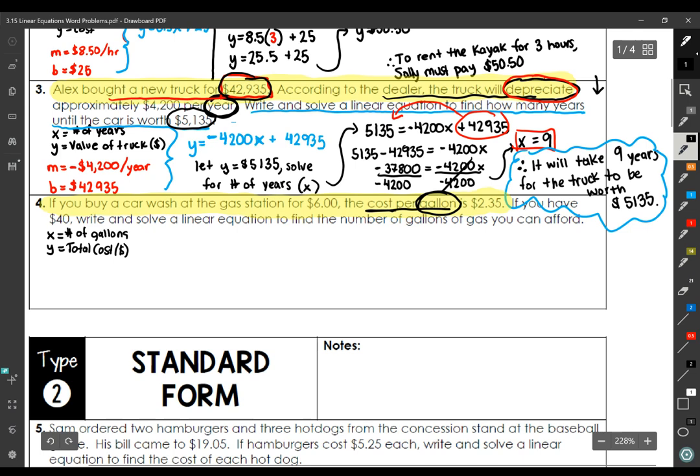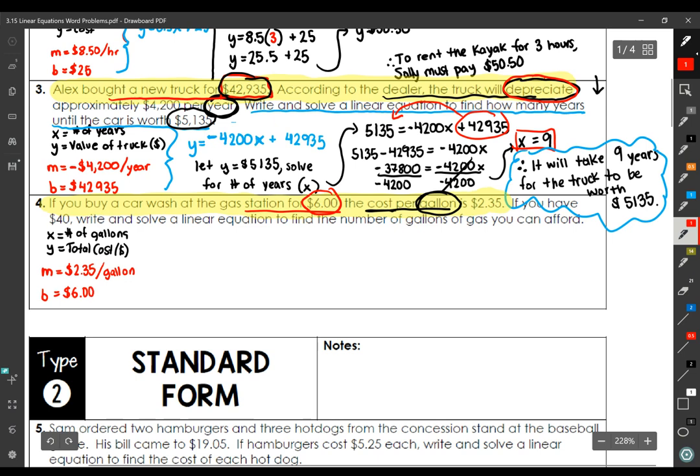Gallons is just a unit of measure that they use in the United States, if you're curious. So x is number of gallons, y is total cost. What about m? What is our rate of change? It says it's $2.35 per gallon. And b is our initial cost. Well, our initial cost we pay is this $6.